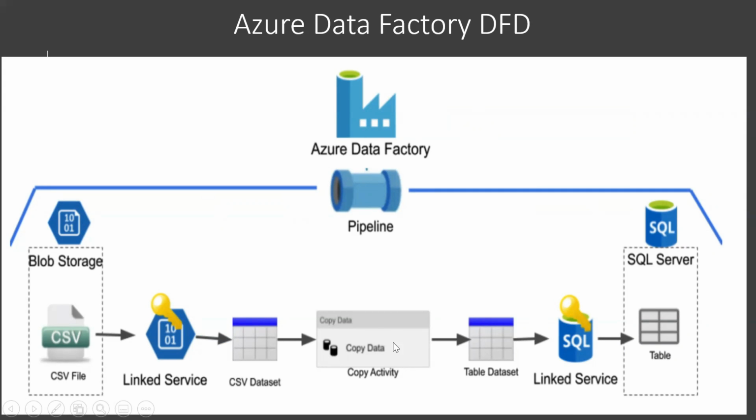So this is the activity, a basic copy activity. And again, now you need a linked service connection string to load the data into the destination SQL table. This whole process is called a pipeline. Once this is done, then you are good to schedule your pipeline.